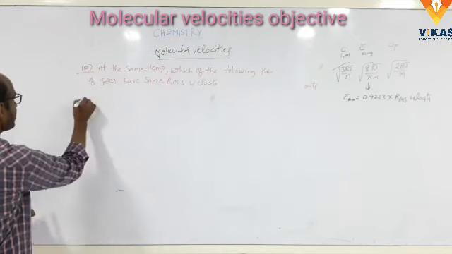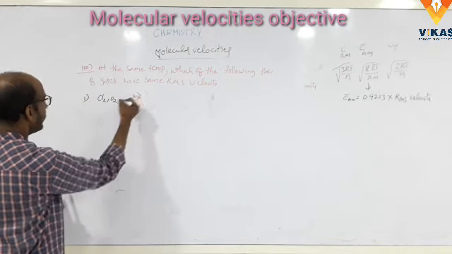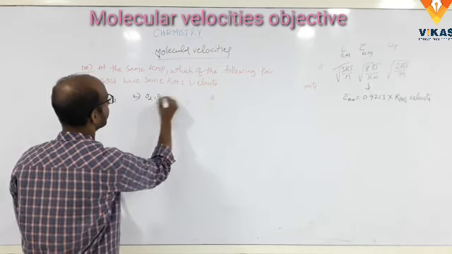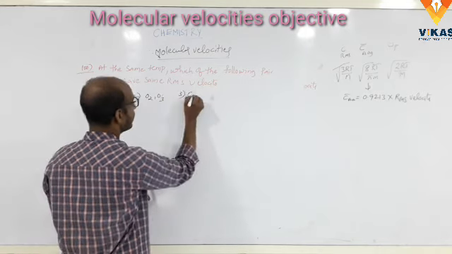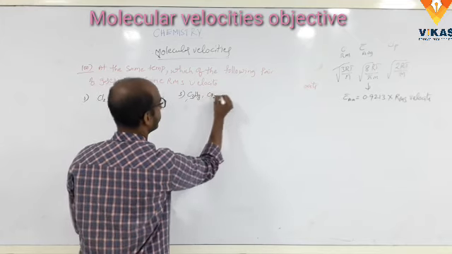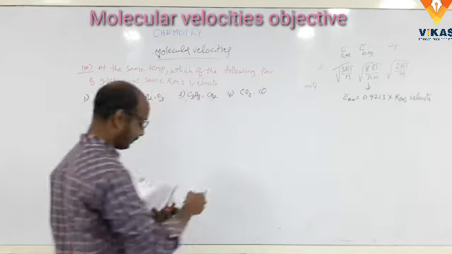And the 4 options. Number 1, Cl2 O2, and 2, O2 O3, and option 3, C3H8 CO2, and option 4, CO2 CO.